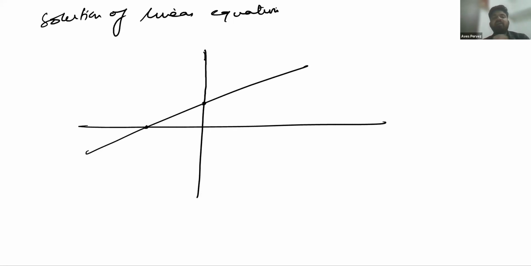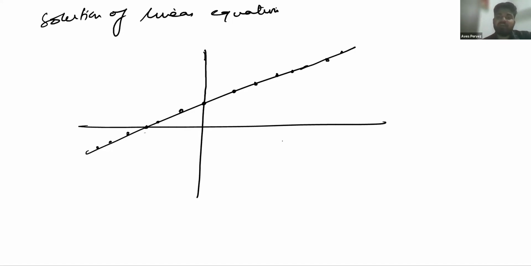It is cutting on the x-axis and y-axis, but this point can also come in between this line, and this can infinitely increase. So here also there can be an infinite number of points that lie on a line, on a line segment.